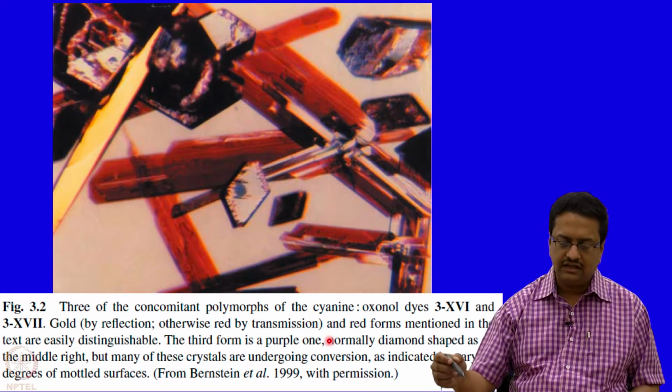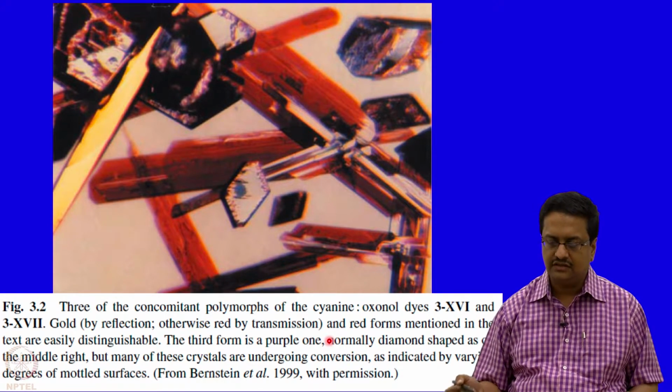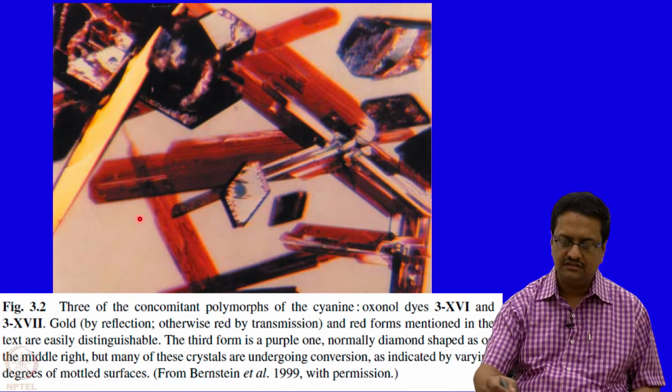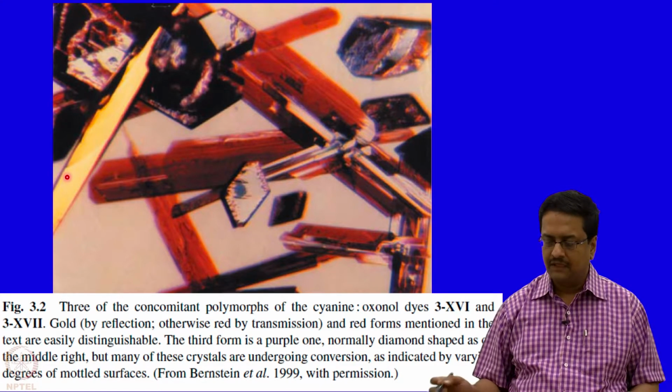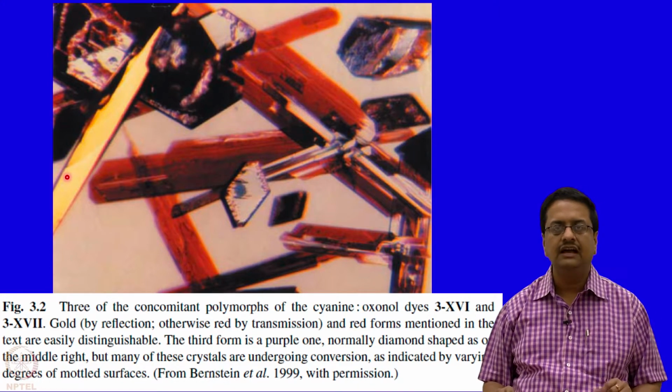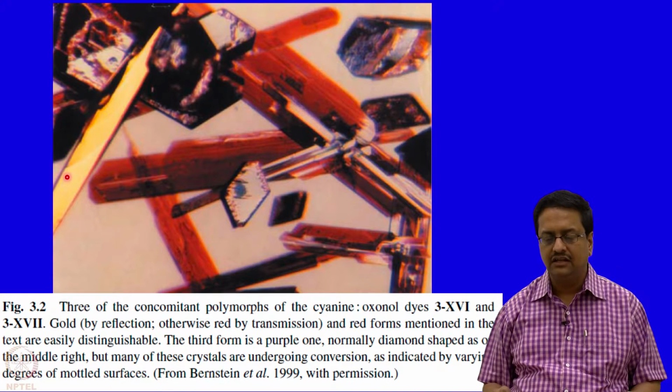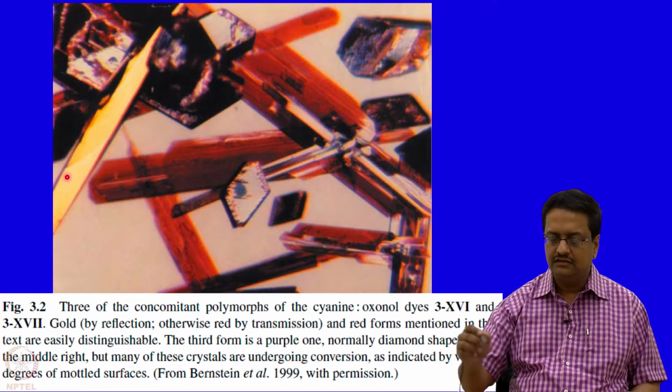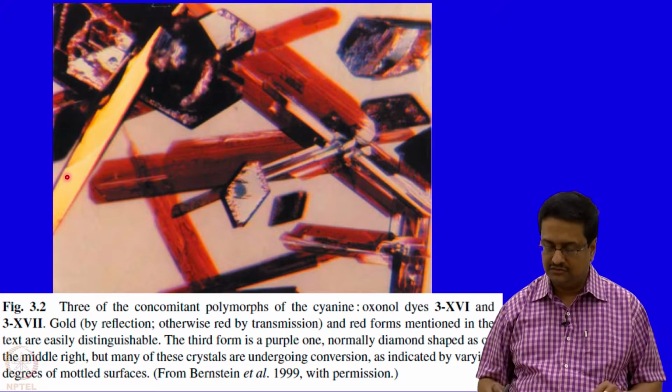So, here there are three concomitant polymorphs of crystalline oxonol. You can see there are three different colors: colorless, orange and yellow. So, this indicates that different crystalline forms of a particular compound may have different colors as well, and you can see these are different shapes as well.